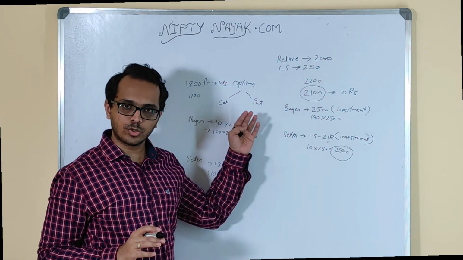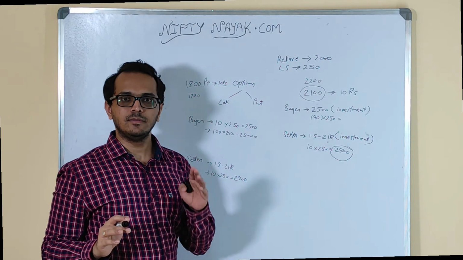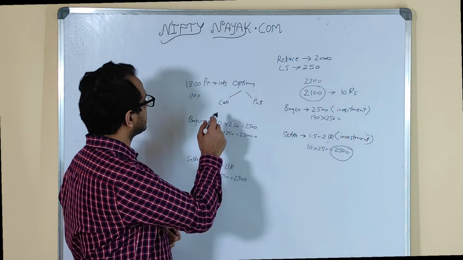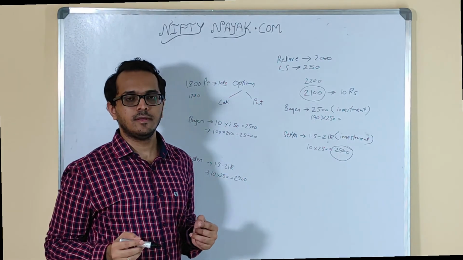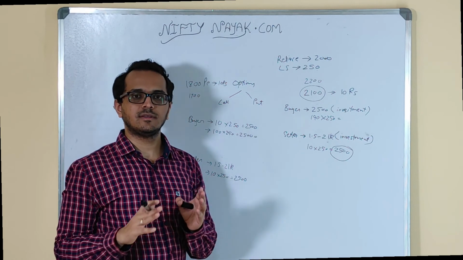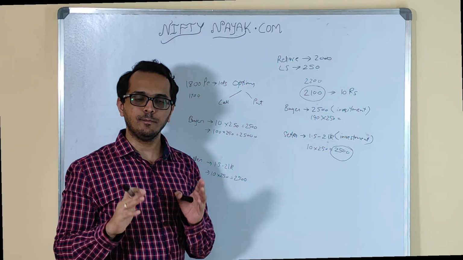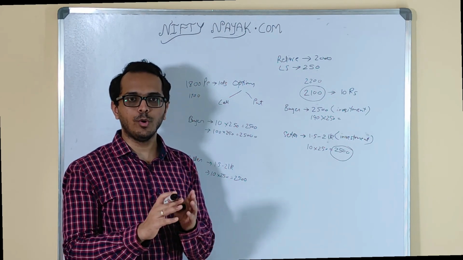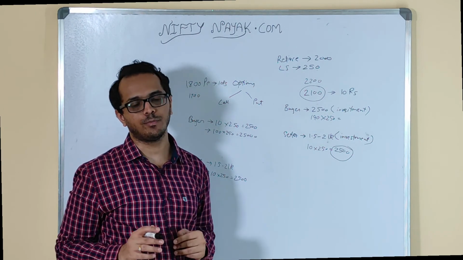Whereas a put buyer, the profit potential is unlimited, the risk is limited to just this much, whatever premium he pays. But in reality, option sellers have high probability of making profit. Okay, I hope this gave you the difference between futures and options.